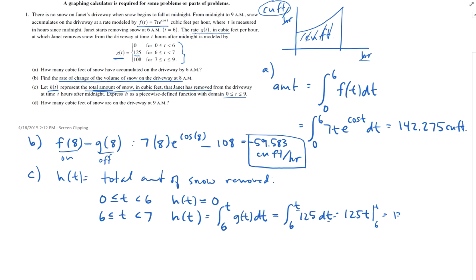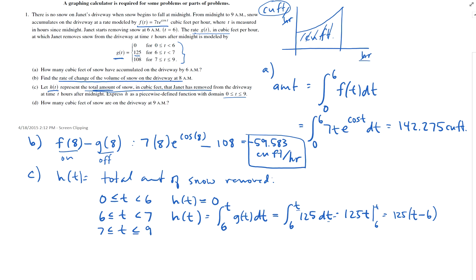So it's going to be 125 t minus 125 times 6. Okay, so this would be my expression for how much snow she's removed at any time t between 6 and 7.